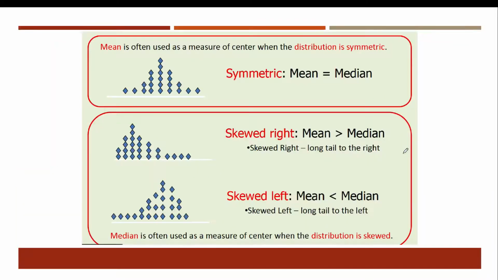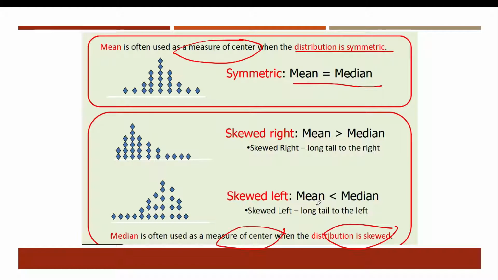Looking at this data, the mean is often used as a measure of center when the distribution is symmetric. How could it be symmetric? Symmetric is when the mean is equal to the median, but it can be skewed. The median is often used as a measure of center when the distribution is skewed.